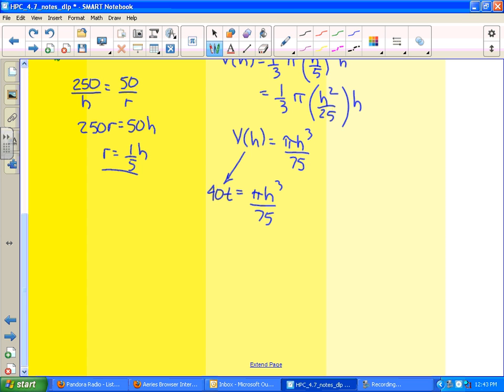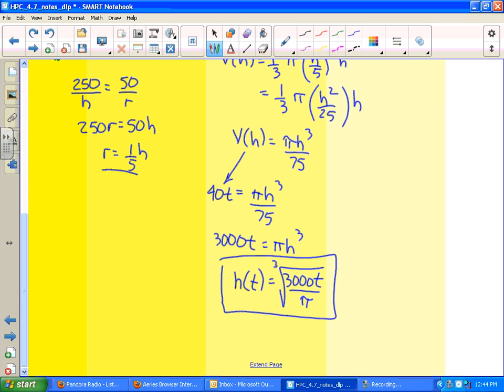We multiply by 75, that'd be 3,000T, equal to pi h cubed. Then dividing by pi and taking a cube root, I get height as a function of time is equal to the cube root of 3,000T over pi.